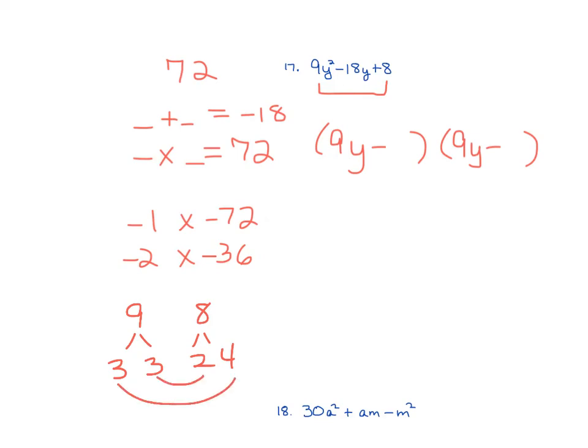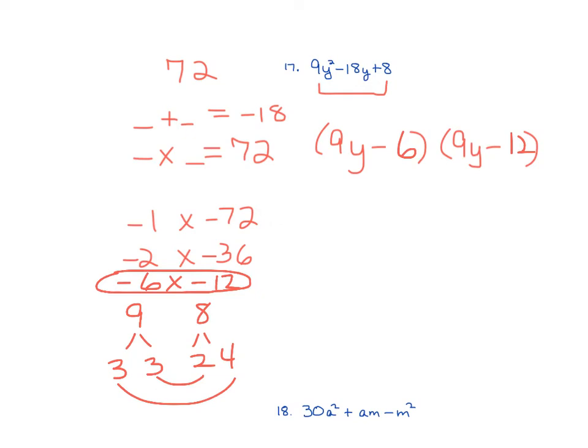That's a 6 and a 12. There you go. So 6 times 12 is going to give me 72, and when I add them, I get negative 18. So sometimes these little factor trees will work, and it'll help you to find the factors faster. So my factors are going to be 6 and 12, and they're both negative.